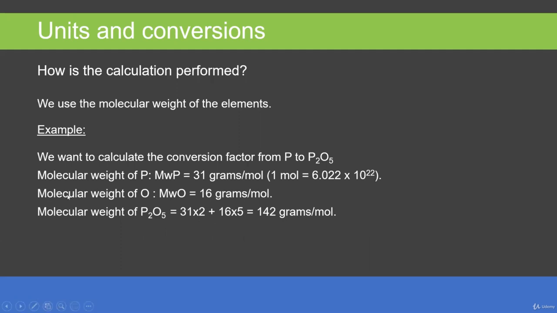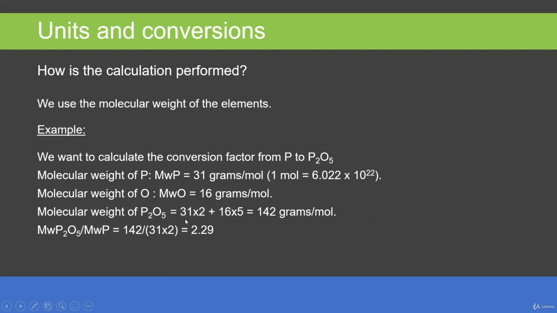So this is the molecular weight of P2O5, of this form, which actually does not exist. Now, if we divide the molecular weight of this molecule by the molecular weight of phosphorus, we will get the conversion factor. Just pay attention that here we have 2 P's.